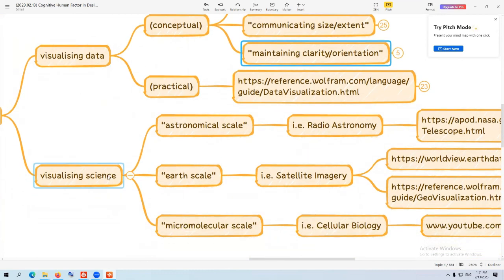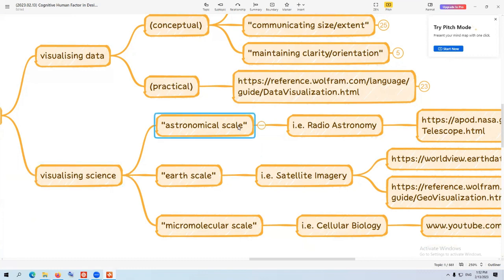I'm going to talk a little bit about visualizing science because some of us are in a high-tech area. Basically, there are 3 scales we are operating on nowadays where modern, computer-driven visualization comes into play. One is the astronomical scale, this is astronomy.